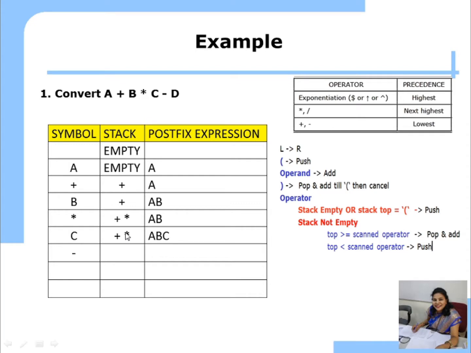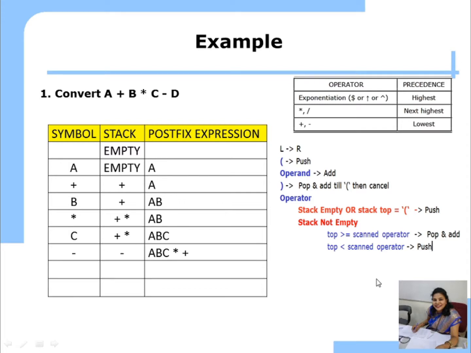After popping these two operators, your stack will become empty. And if your stack is empty, you perform the push operation. So multiplication is popped and added here, then the plus sign is popped and added here, and your minus sign will be pushed.